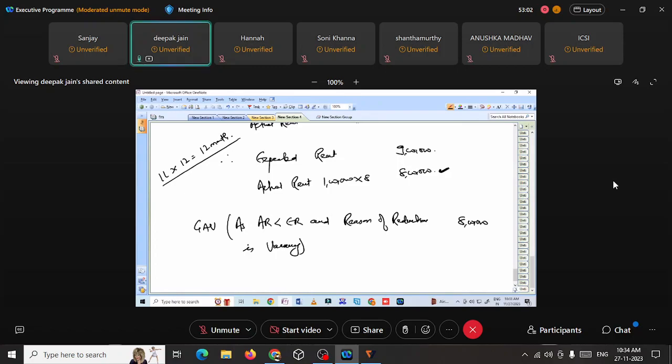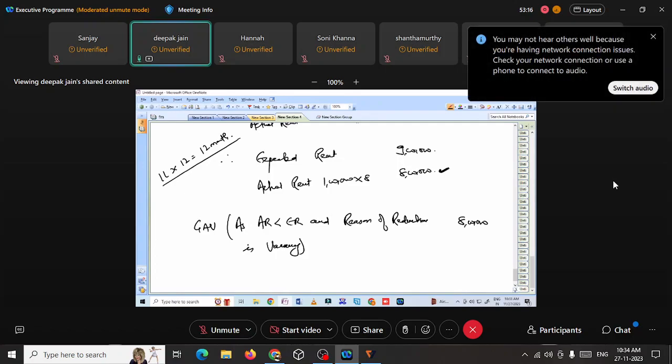Had this property been let out for the whole year, then annual rent would be 1 lakh into 12, 12 lakh. But actually it is 8 lakh because for 4 months the property is lying vacant. In this case, the actual rent is the GAV.